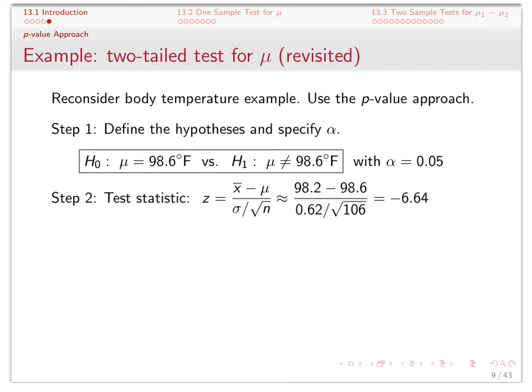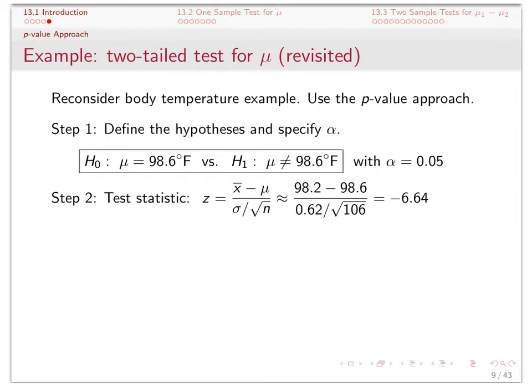Basically, we're interested in determining the probability of getting a sample mean of 98.2 degrees Fahrenheit or something more extreme in a random sample of 106 healthy adults, assuming that the population mean body temperature is 98.6 degrees Fahrenheit. If the probability of getting a sample mean of 98.2 degrees Fahrenheit or more extreme is very small, then perhaps our original assumption of 98.6 degrees Fahrenheit as an average body temperature is incorrect.